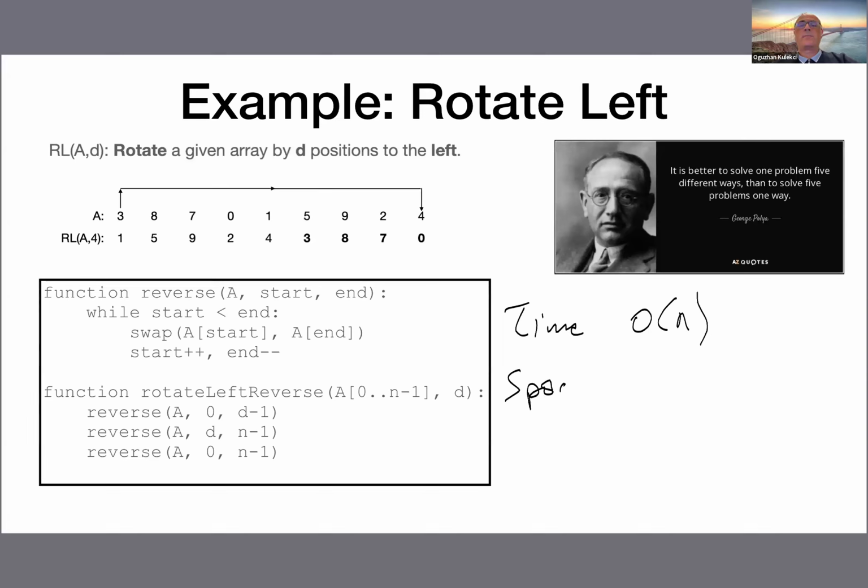How about the space complexity? For the swap operation, how do we do it? You can see that T is equal to A[start], A[start] becomes A[end], and then A[end] becomes T. Again, I need just one memory location. That is why it is not dependent on the input size, and the extra space that I will need to execute this function is O(1).